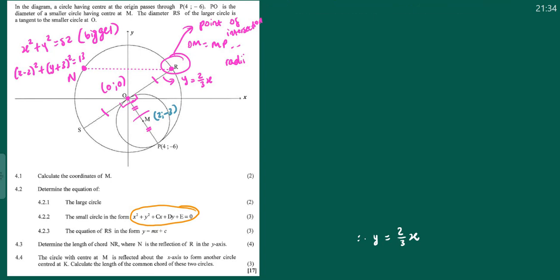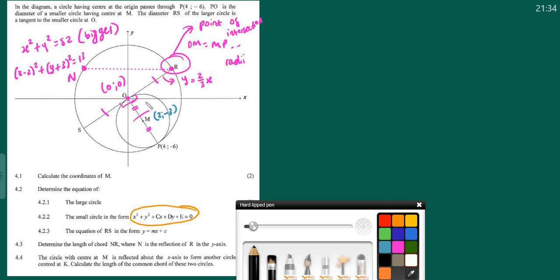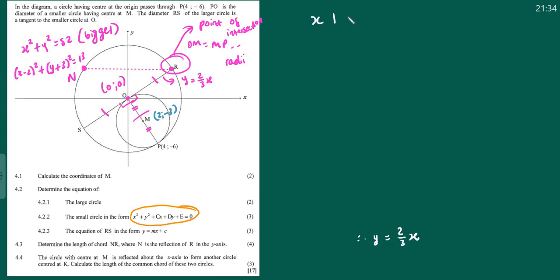We know the equation of the bigger circle: x squared plus y squared is 52. Then y equals 2 over 3 x for RS. So we're going to substitute this y in there.